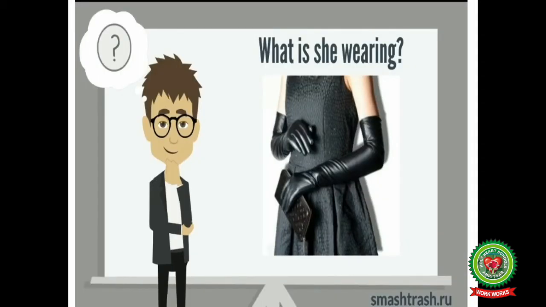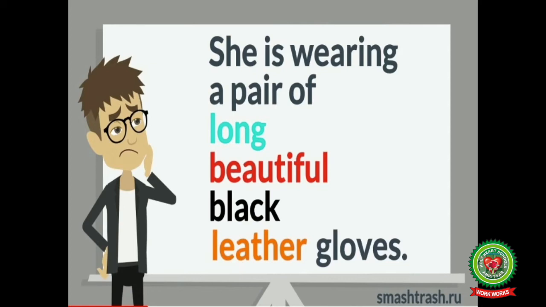Now observe this example carefully. What is she wearing? If I say she is wearing a pair of long, beautiful black leather gloves, is my order of adjectives correct? To know the answer to this question, let's understand the order of adjectives.